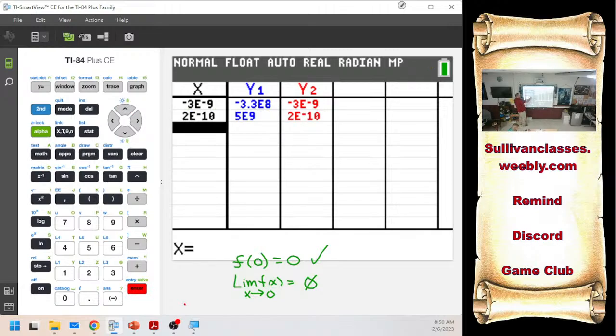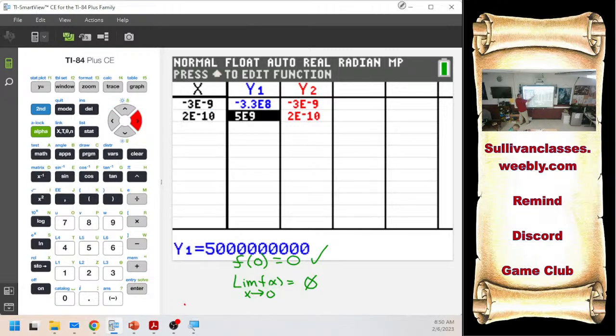Now you got to be careful about these. There's a lot of kids who are going to see scientific notation and think, oh, they're both going to 0 or infinity or something. They look the same. Be smarter than the calculator. I'm following the yellow graph all the way down to negative infinity versus I'm following the line all the way to 0.